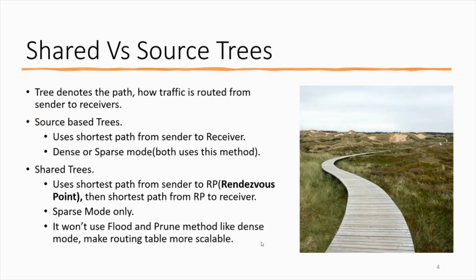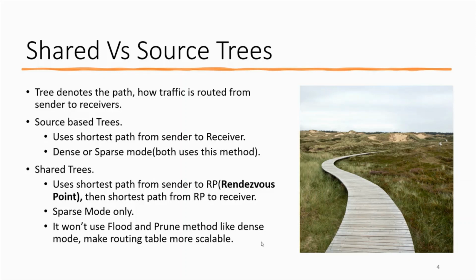We will understand the analogy between the shared and source tree. Basically, a tree denotes the path, which means how traffic is flowing from the sender to the receiver. The source-based tree denotes the shortest path between the source and the destination, or the sender and the receiver, and it is used by dense mode as well as sparse mode.